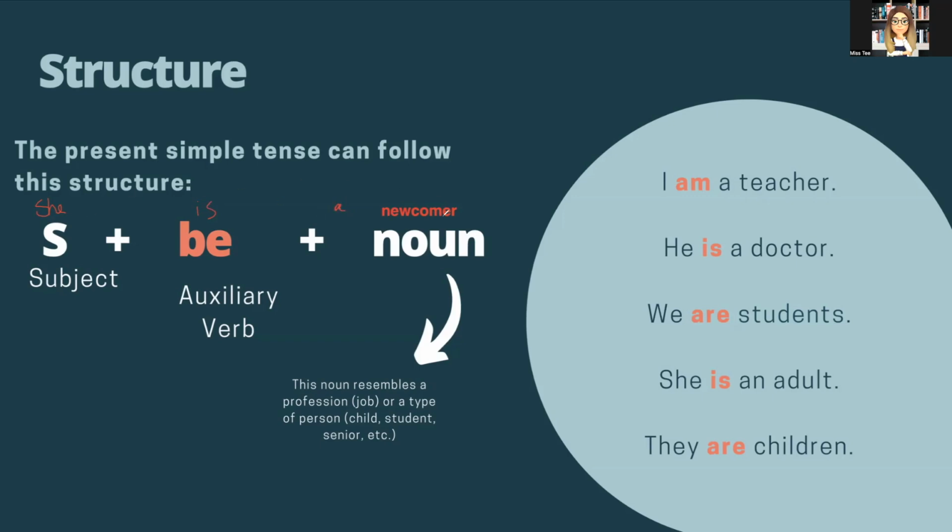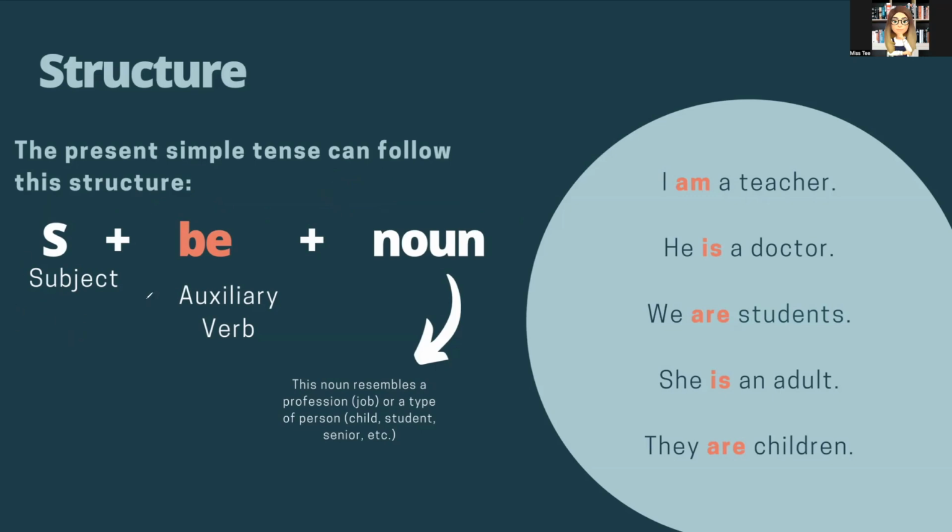She is a newcomer, like this, because it's singular, right? She, singular, is, we use our form for singular. So we need to say a newcomer because this a really just means one, which helps us have the consistency throughout. If it's plural, then we're going to add an S on the noun. We'll see that in one of our examples over here.